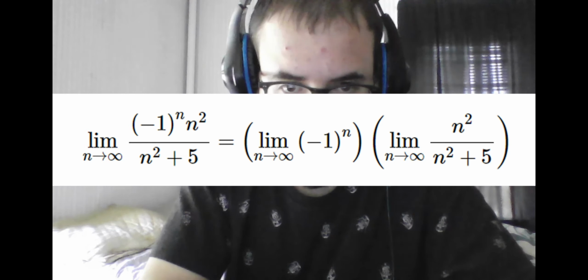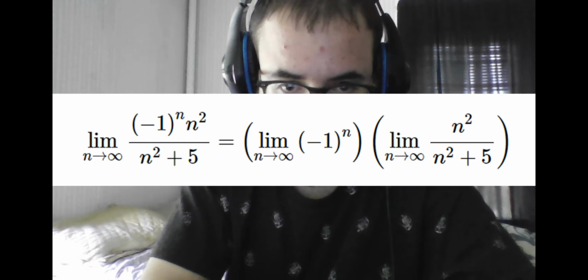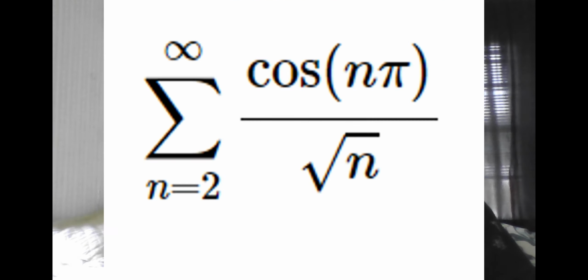Sometimes you will have to be creative in recognizing alternating series, such as this example, by noticing that cosine of n times pi can be rewritten as (-1)^n, because cosine of pi is a known value of -1, and -1 times itself n times is by definition (-1)^n.